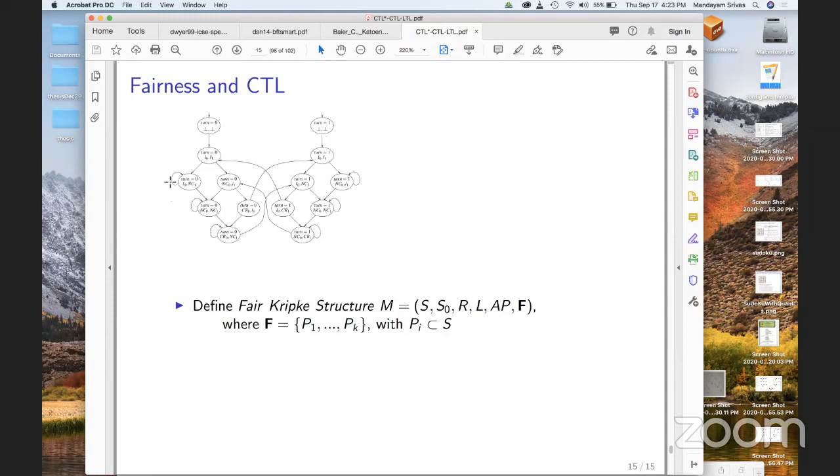So these self loops here are all the cases where a process, although it is enabled and can make progress, is ignored forever. Those kinds of paths are uninteresting and should be ignored.